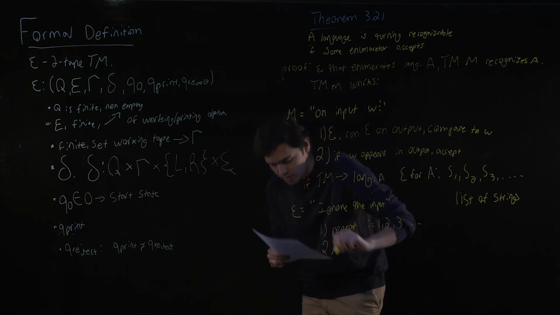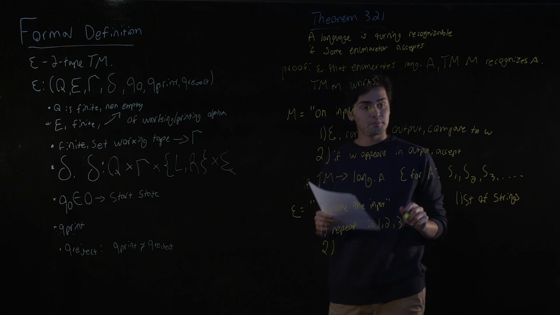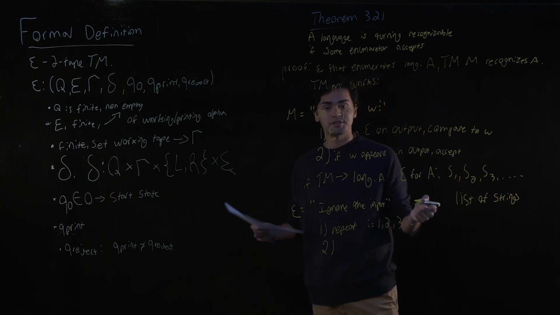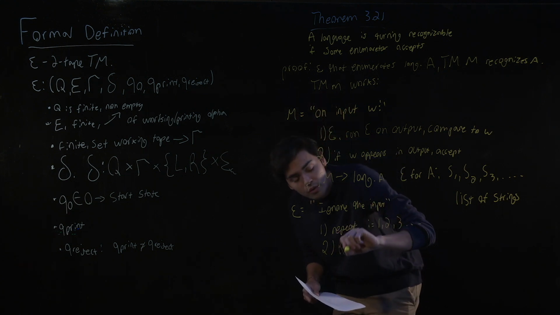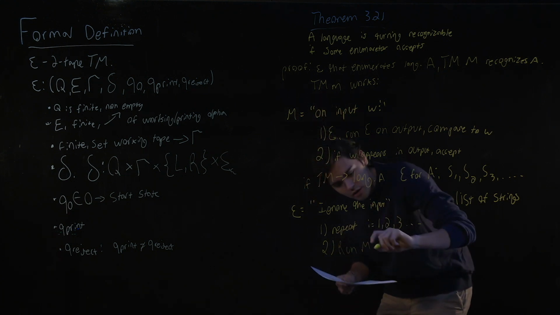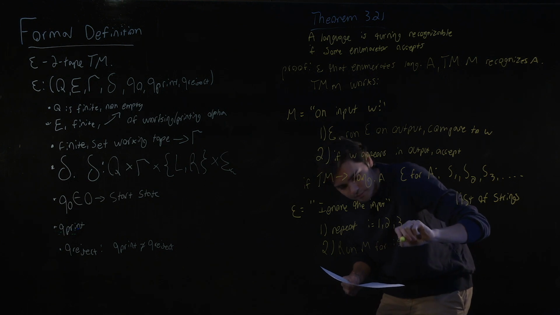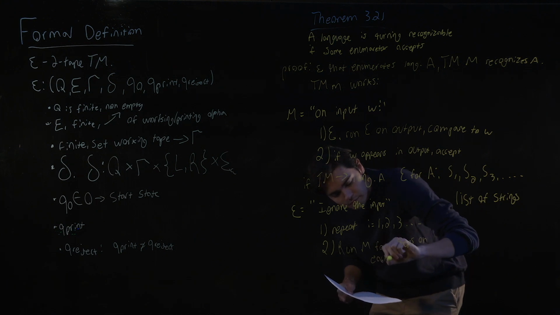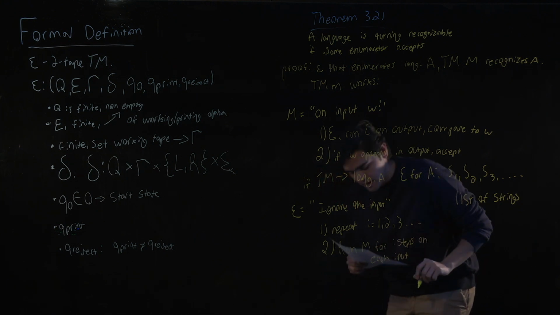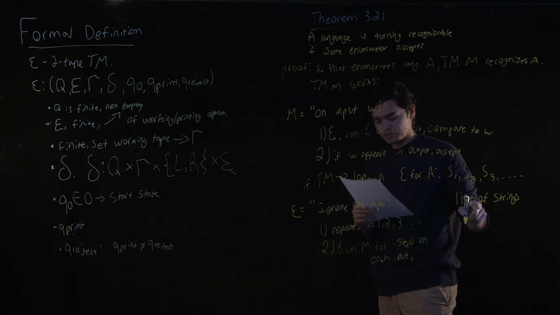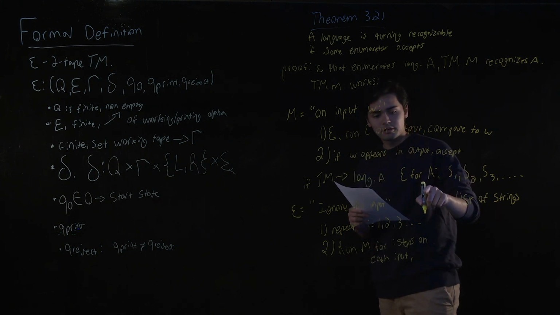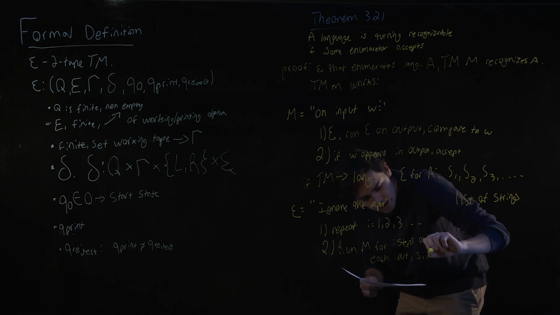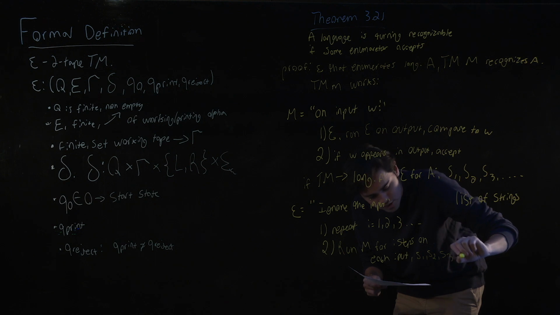The second step is that we run M for i steps on each input, which is the list of strings S1, S2, S3, and so forth.